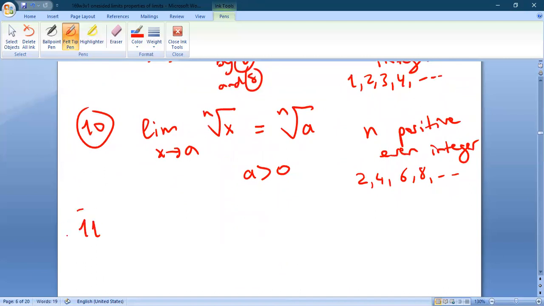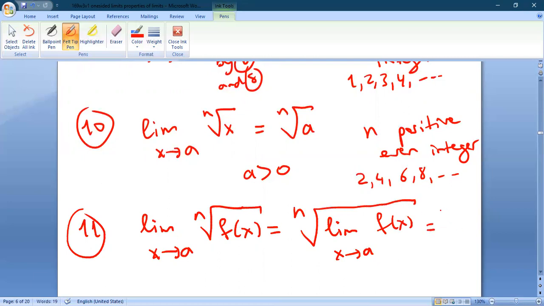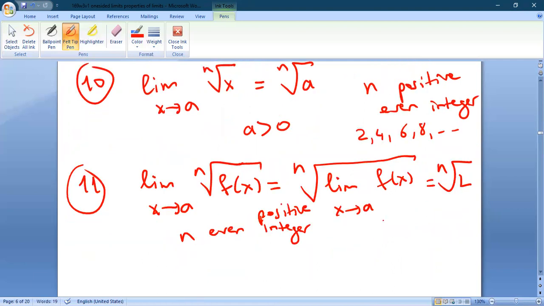Another rule is that the nth root of some function is equal to the nth root of the limit of the function. If the limit of the function there is L, then we have the nth root of L. And again, we want n to be an even positive integer, and also we want L to be positive.